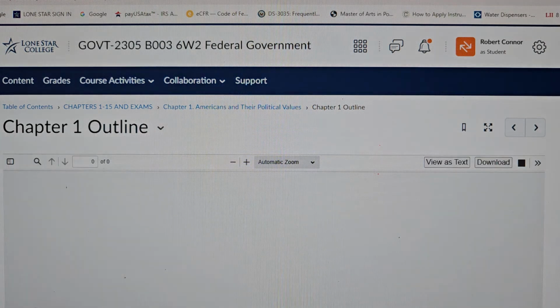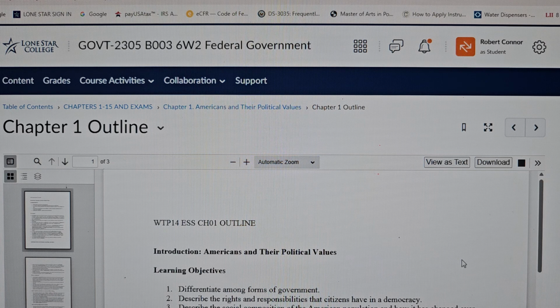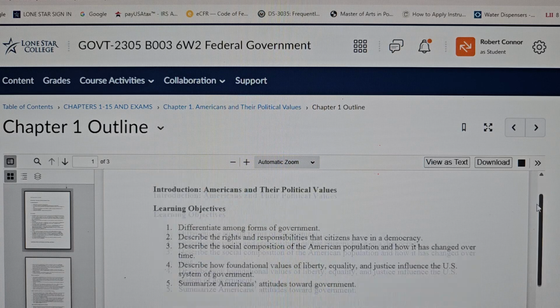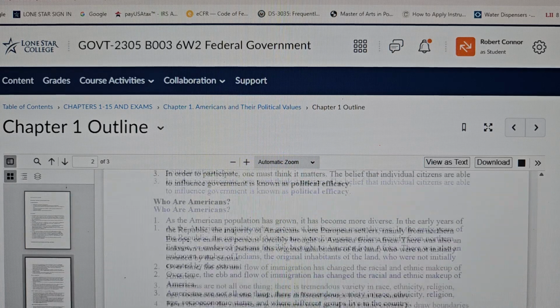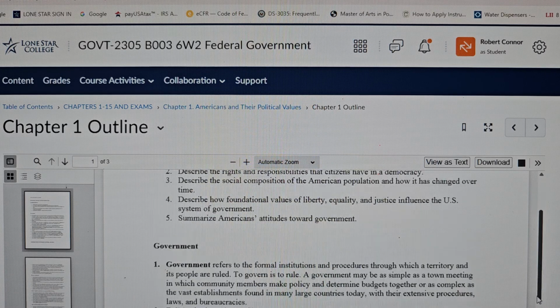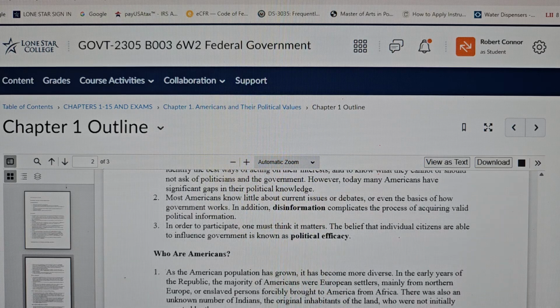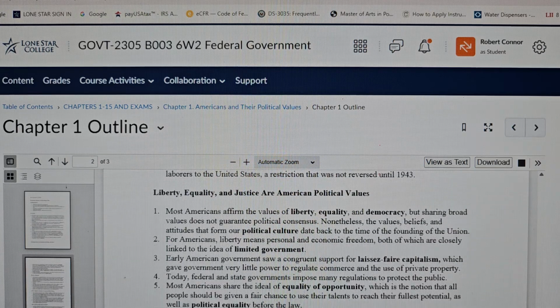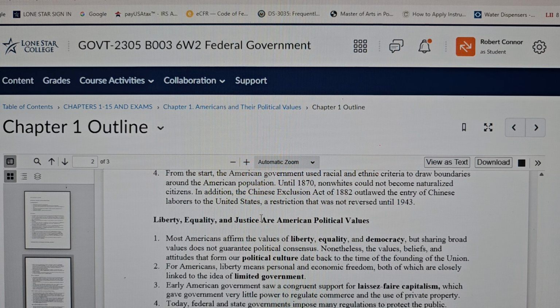And so here is an outline of the chapter. They go through and give you the notes for the whole chapter. And you read through that, and you are well versed on chapter 1.